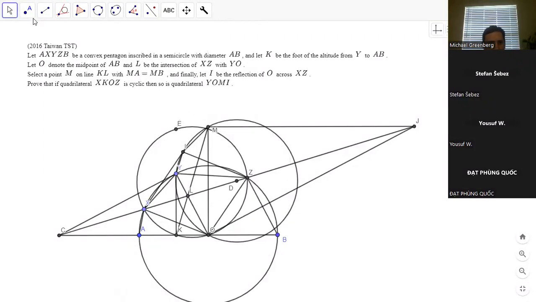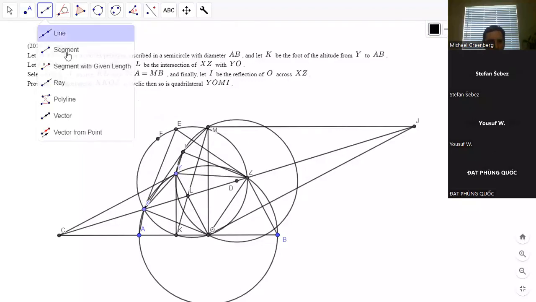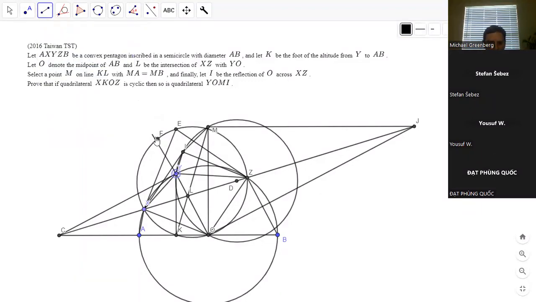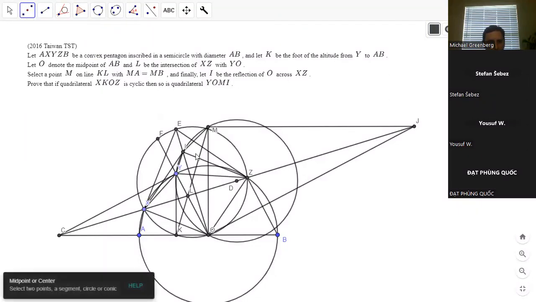The inversion will transfer K to C, and L to OI cut that circle. I will be the midpoint of EO. So that would be the diameter of the circle.